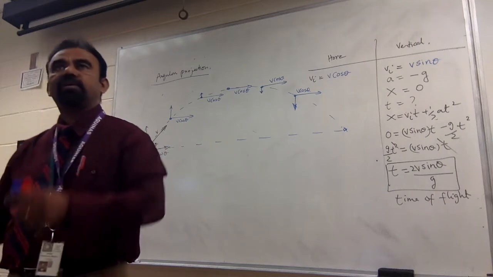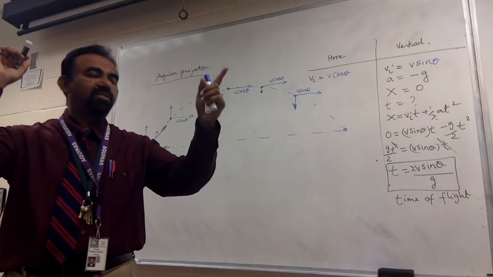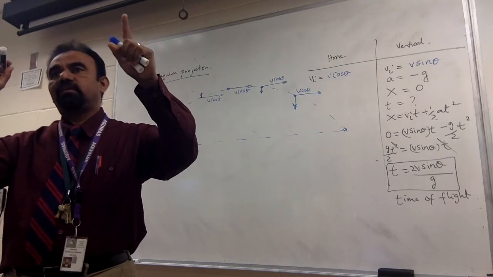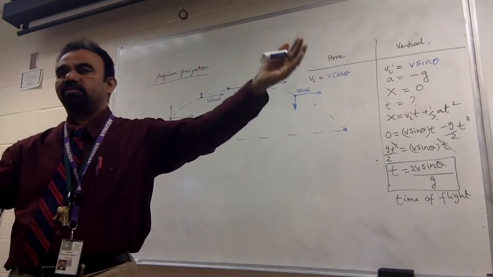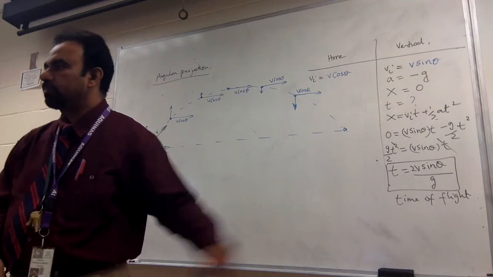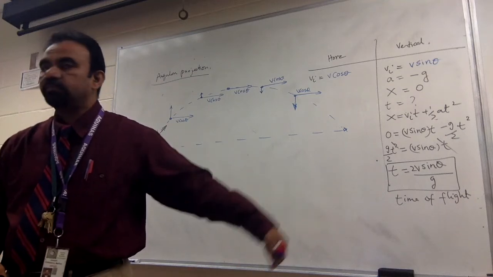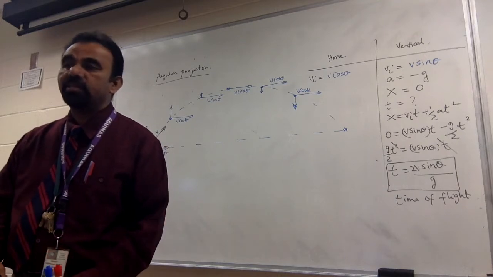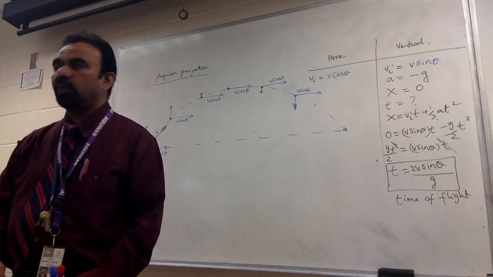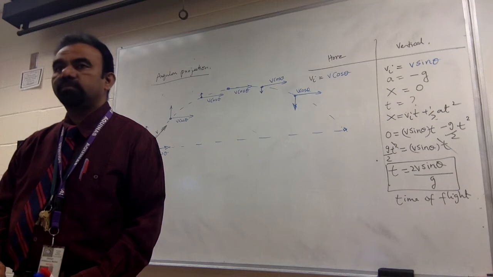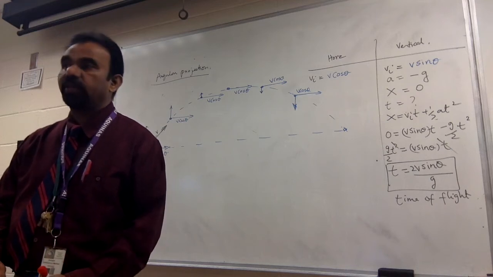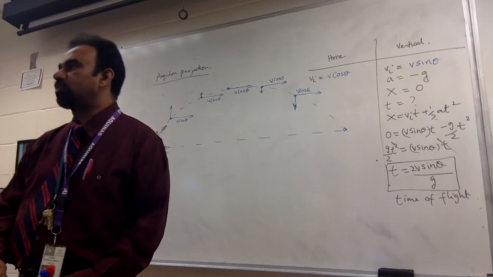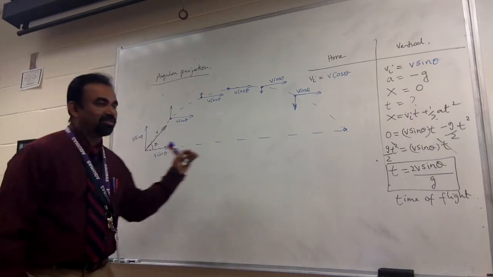So if you are told a football is tossed at this velocity, at this angle, how long will it be in the air before it's received by the receiver? That much time. Now, is this something that you need to memorize? No. Because not all projectile motion problems are going to be from the same level to the same level.